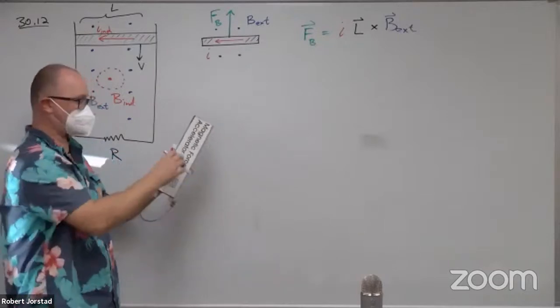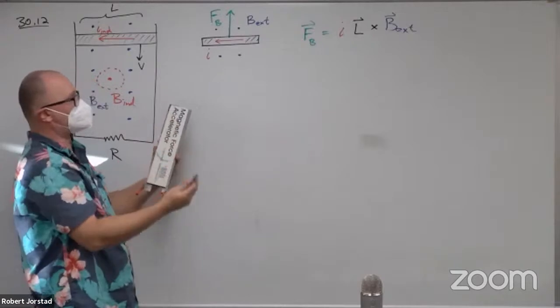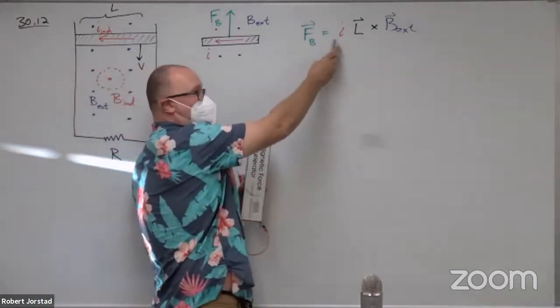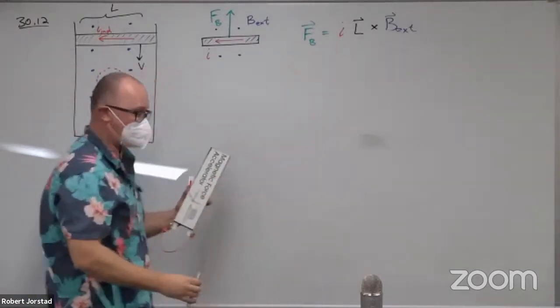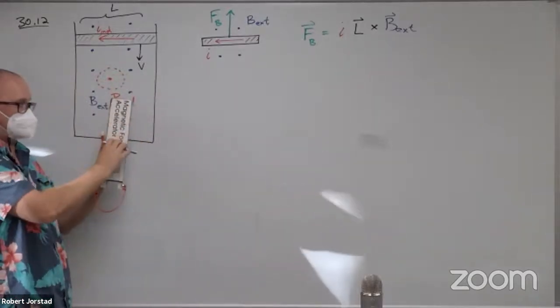As it gets faster, do you agree there's more voltage? BLV. So if you get more voltage, don't you get more current and more magnetic force? My claim is, at some point, the magnetic force should balance the force pulling it down.